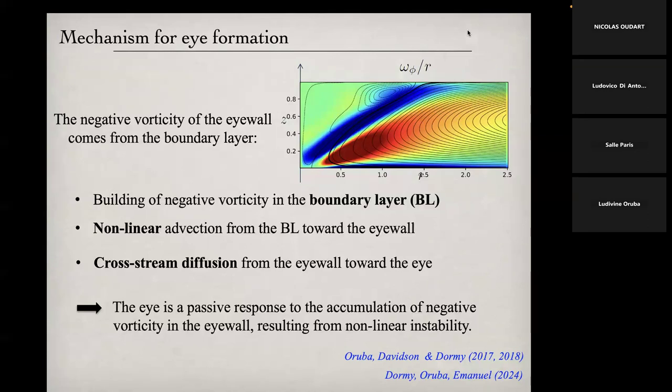In other words, in our model, the eye is just a passive response to the accumulation of negative azimuthal vorticity in the eye wall, which itself results from a nonlinear instability.